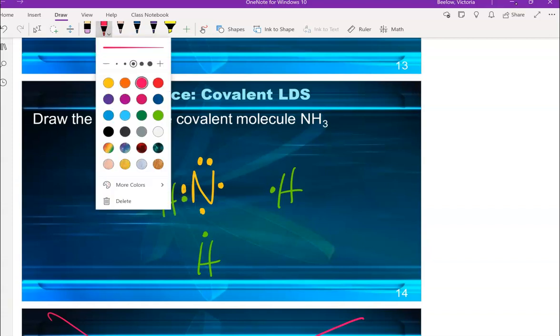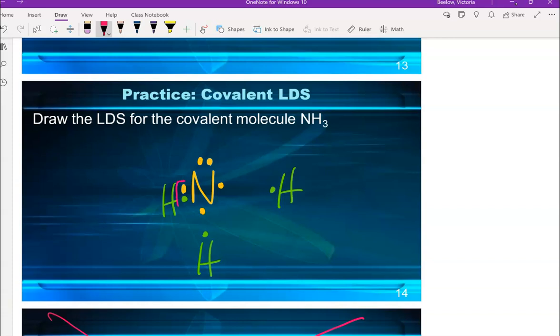Now these 2 electrons are being shared between the nitrogen and the hydrogen. So now the hydrogen is technically surrounded by 2. It has 2 valence electrons, which will satisfy, I know it's not 8, but it satisfies that full octet rule for hydrogen because it's one of those exceptions.